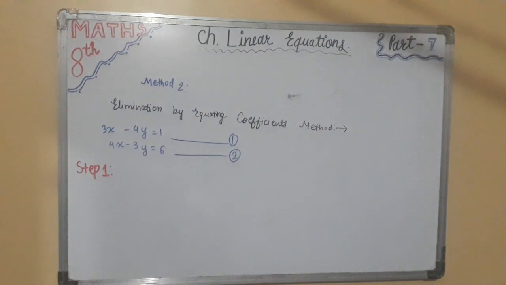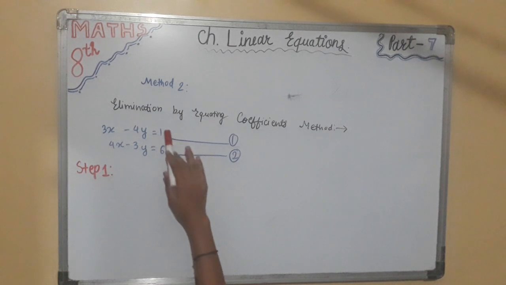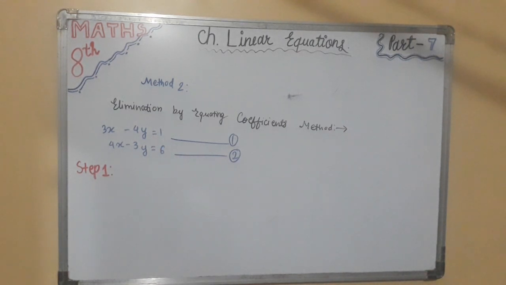let us eliminate either x or y by making their coefficients equal in both the equations. It means that in both of these equations we can take any one variable, x or y, and we have to make the coefficient equal.